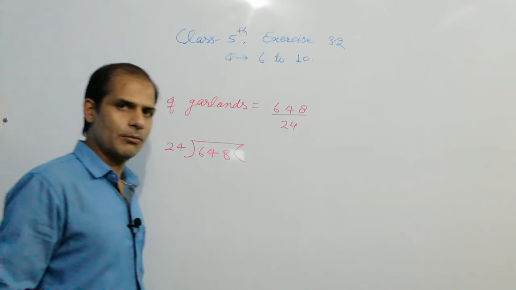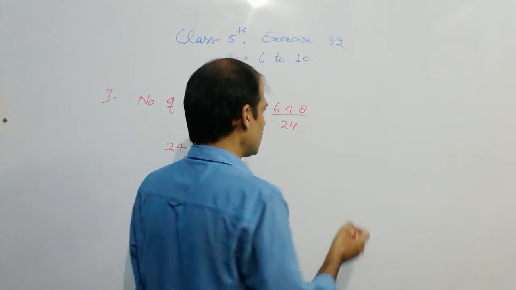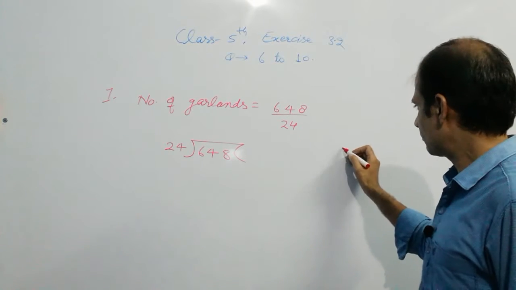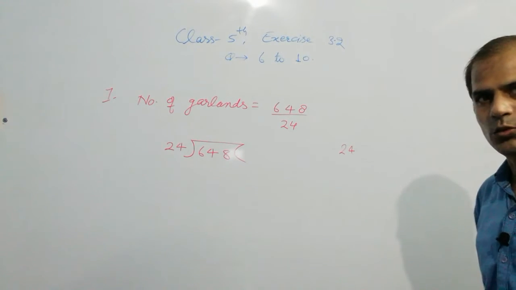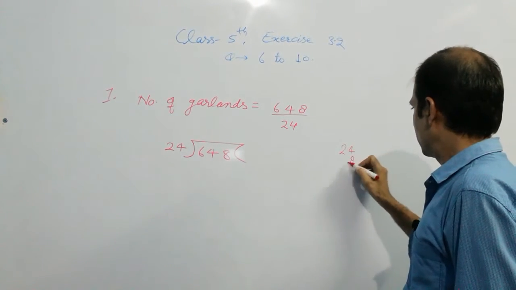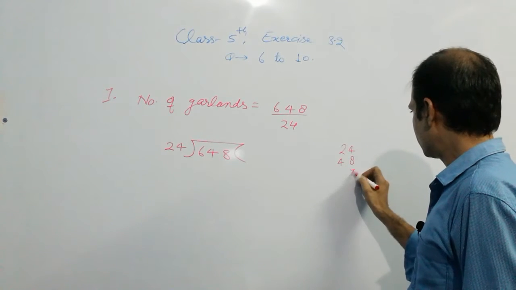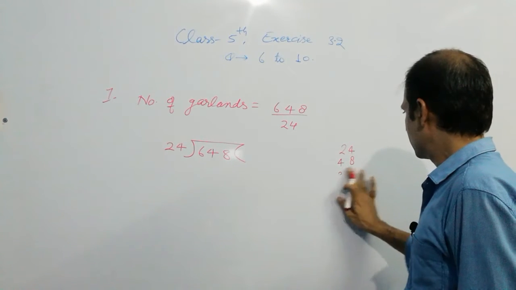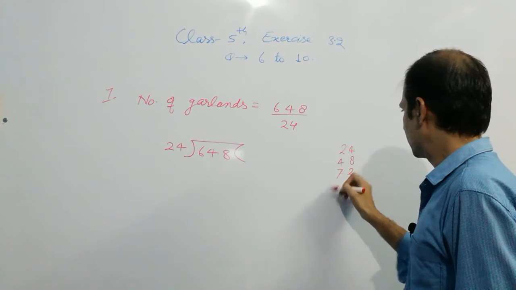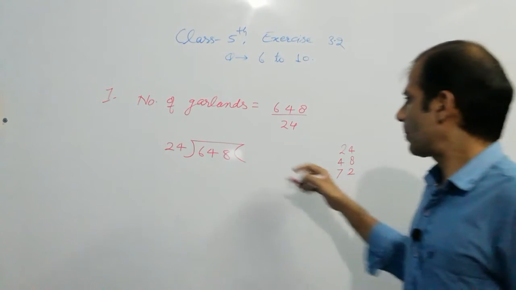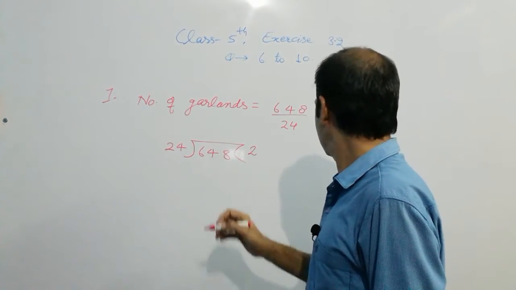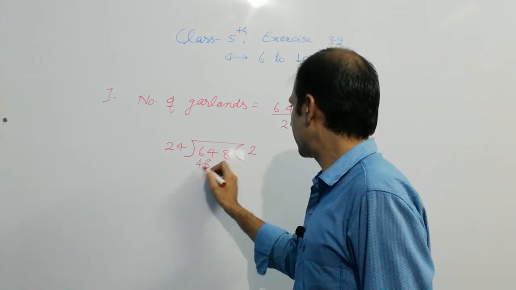If you don't remember the table you can just write it roughly, and it's very easy to write the table of 24. It is 48, it is 72. You can see that 72 is bigger, so we will write 24 twos are 48.